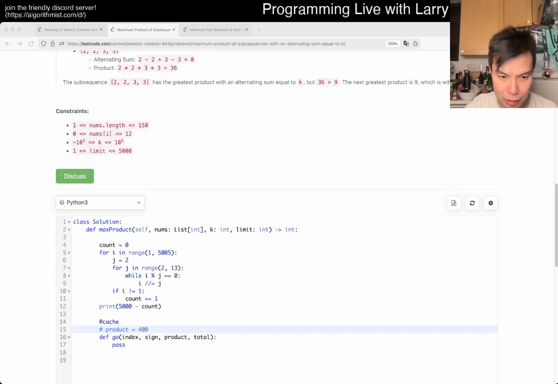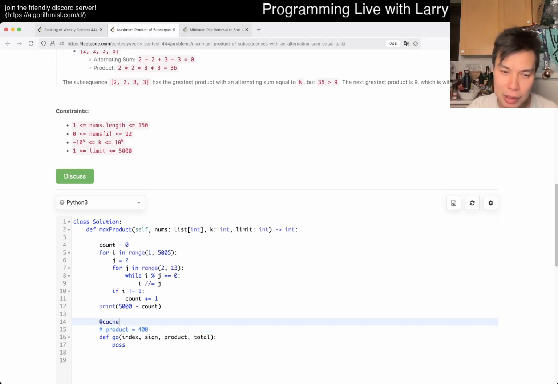Was it 2 to the 10? It was like 2 to the 13 or something, right? So 2 to the 13 means that we only need 13 numbers. So it's n select 13. So 150 choose 13. It's not even quite that, because that number is ridiculously big anyway.